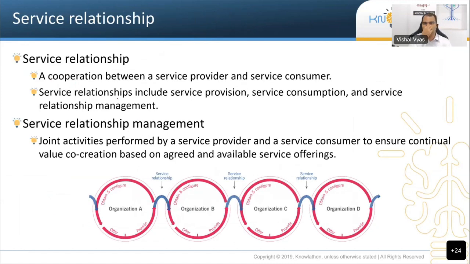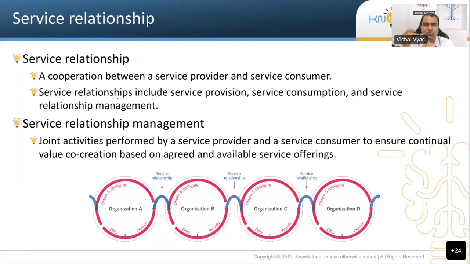Service relationship. When service provider and service consumer come together, they form a service relationship. There is no rocket science here. A cooperation between service provider and service consumer. Service relationship includes service provision, giving service, service consumption, taking service, and service relationship management, making or trying to make the service better, working together to make the service better.